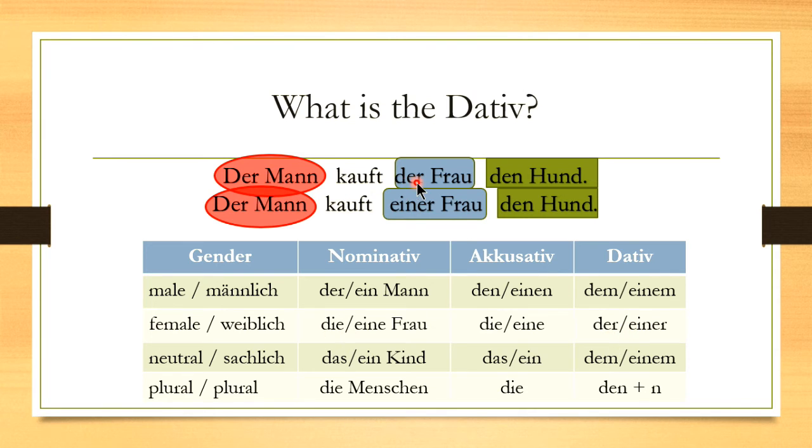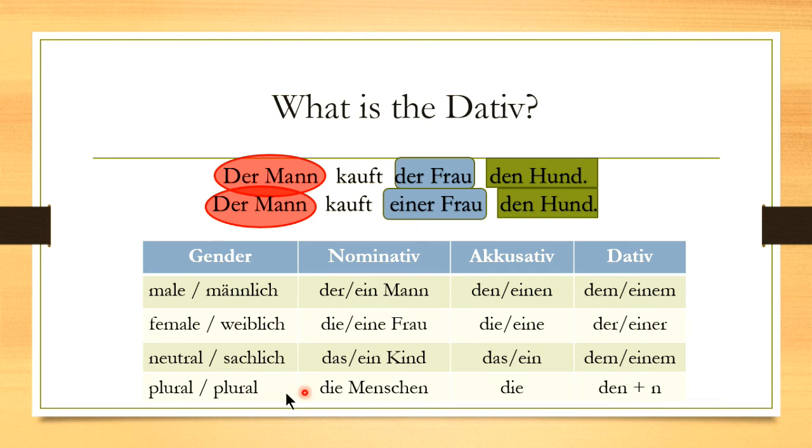If I would put in another man, basically, if I would say, der Mann kauft dem Mann den Hund, or der Mann kauft einem Mann den Hund. So der changes into dem. Same with the neutral. So if we would put in again the child, der Mann kauft dem Kind den Hund. Der Mann kauft einem Kind den Hund.